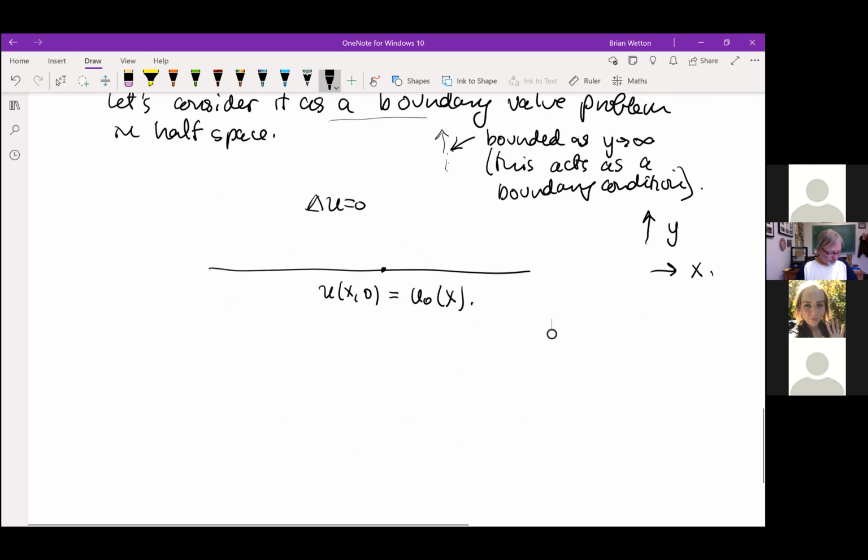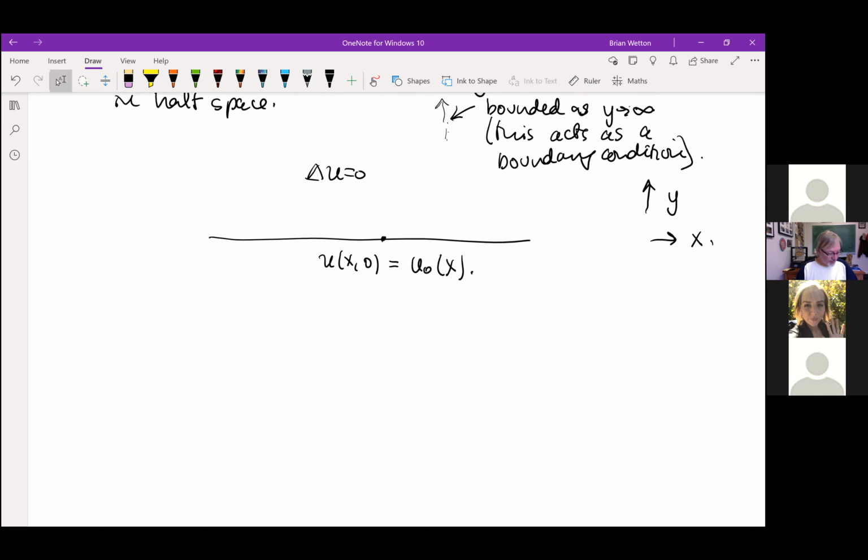Okay, so let's do that. Well, we did the algebra already, right? I'm just using y instead of t. We had a solution which showed that it was ill-posed.